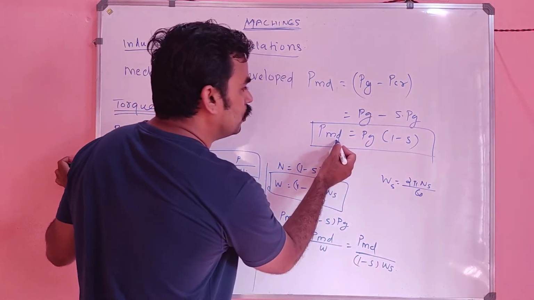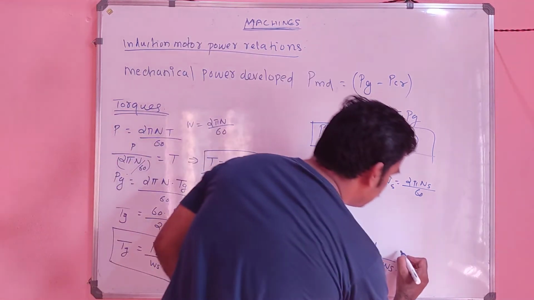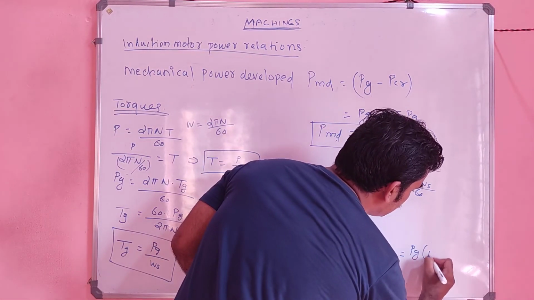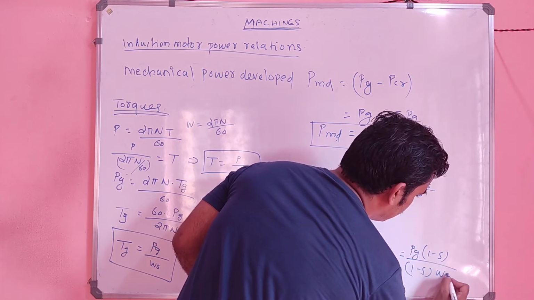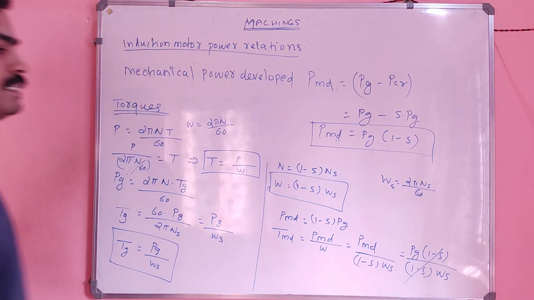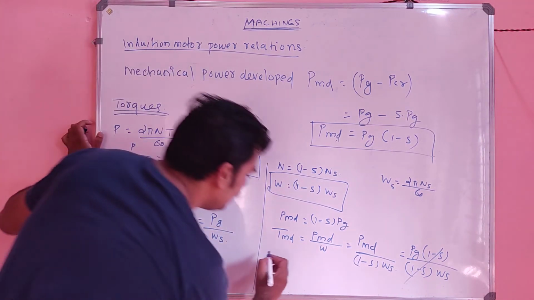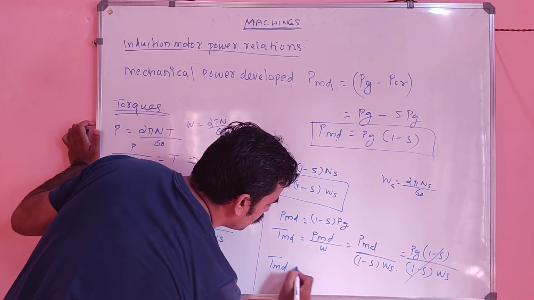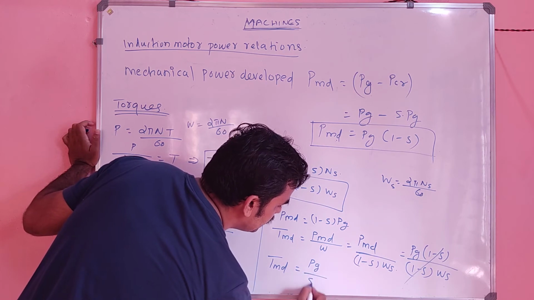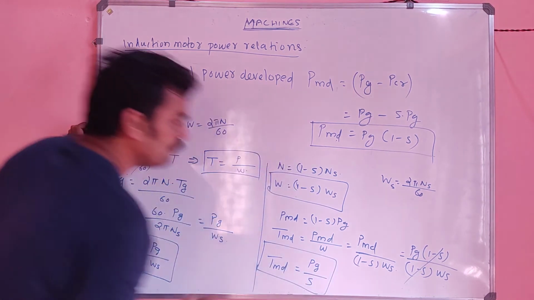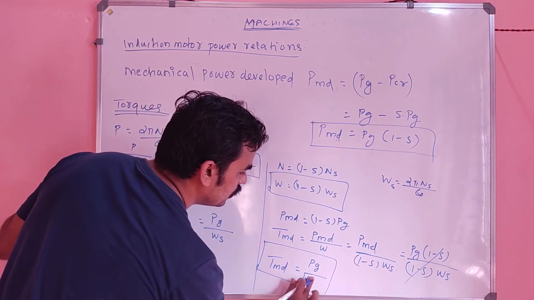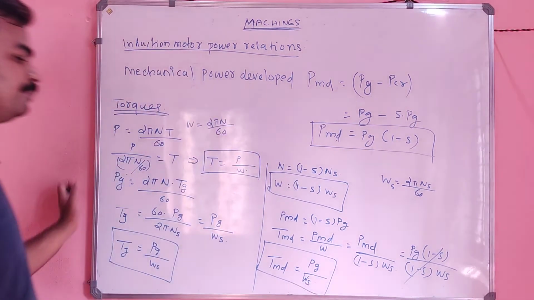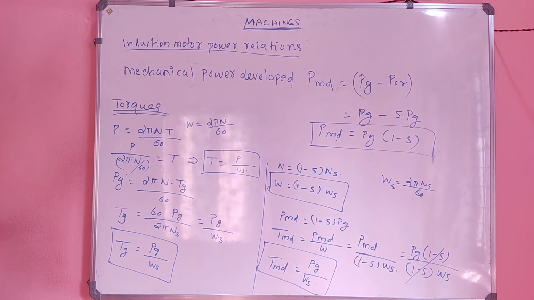But PMD will be equal to PG into (1 minus s). So TMD is equal to PG into (1 minus s) divided by (1 minus s) into omega s. The (1 minus s) terms cancel. So TMD can be written in terms of PG as PG by omega s.